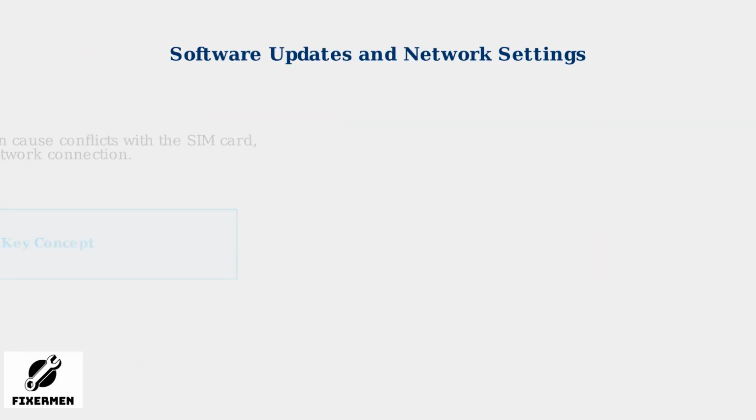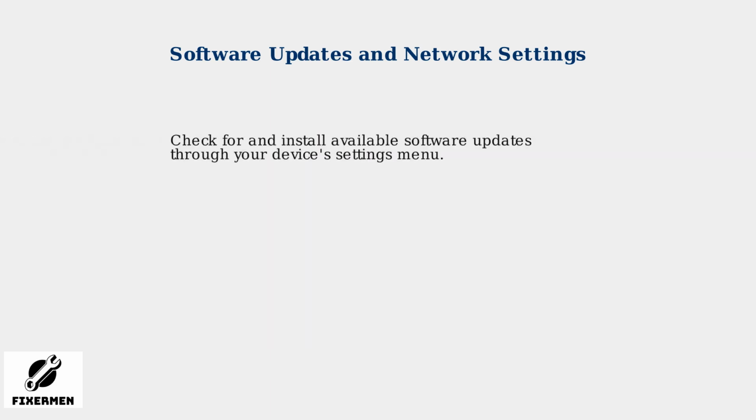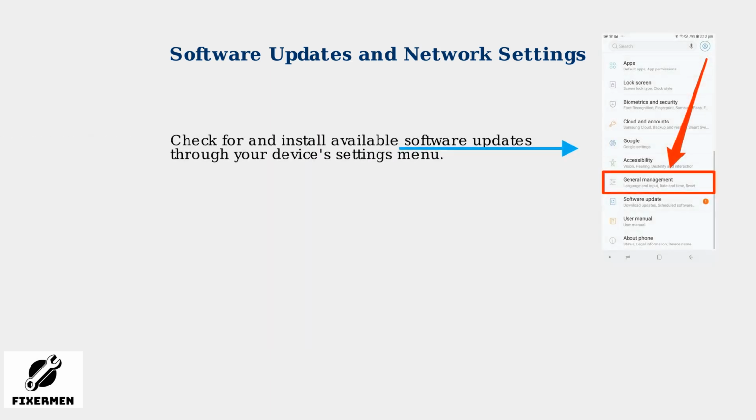Outdated software on your device can cause conflicts with the SIM card, leading to connectivity issues and the not supported error. Always ensure your device's operating system is up to date to maintain compatibility with AT&T's network. To check for updates, navigate to your device's settings menu. Look for options like General or System Settings, where you can check for software updates.